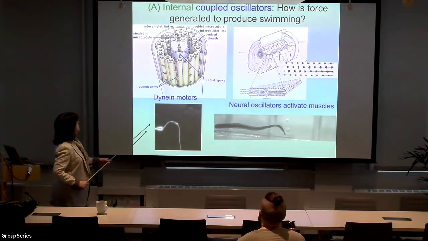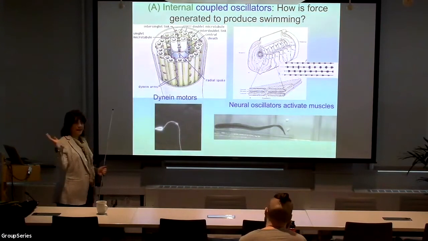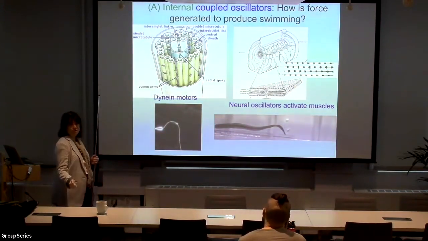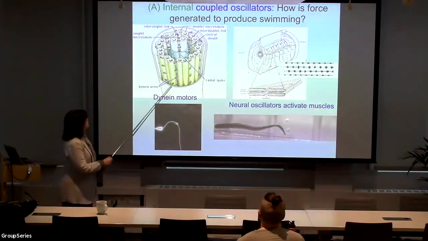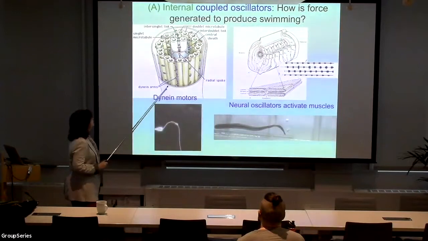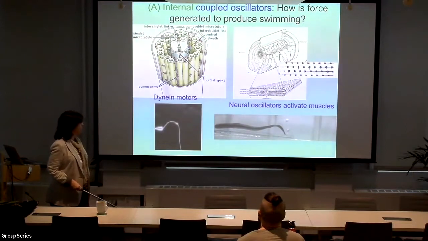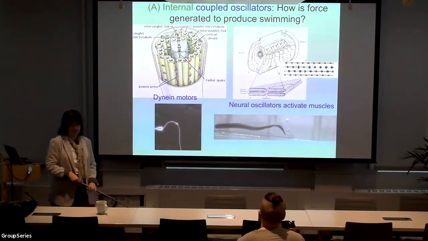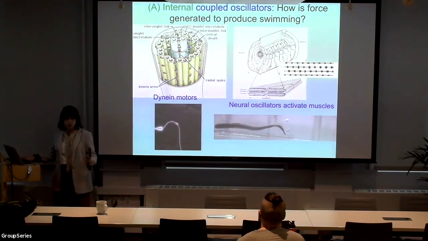So here, one might consider these molecular motors, these dyneins that catch on to the neighboring microtubule, undergo conformational change and cause relative sliding. Here, that's what I'm considering. And here at the larger level, where the motion is driven by actin myosin, it's the actual neural oscillators that are coming in to activate the muscles. So one broad question in biofluids is how is force generated due to the action of these oscillators.